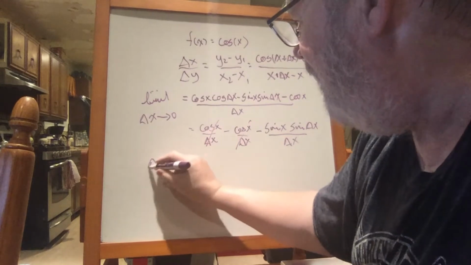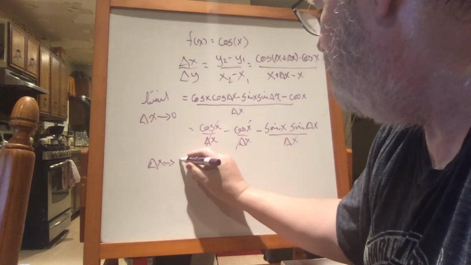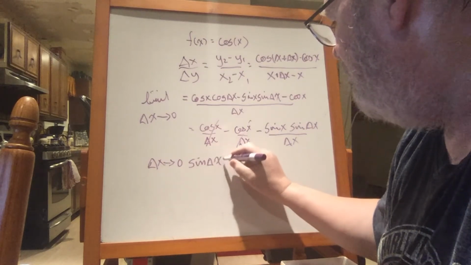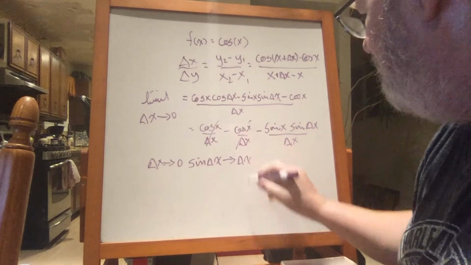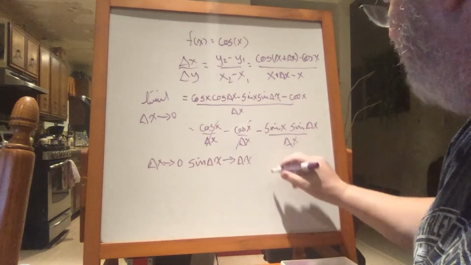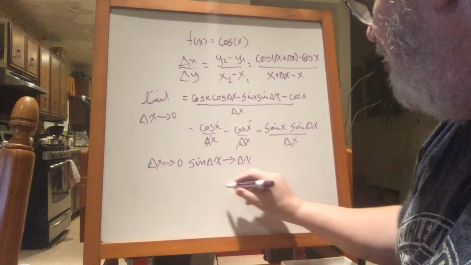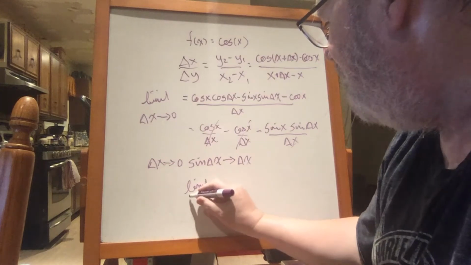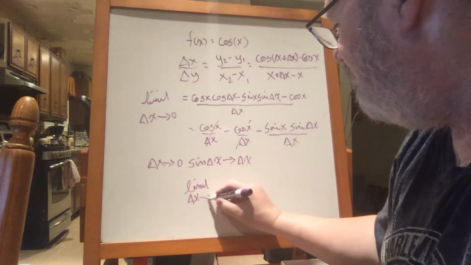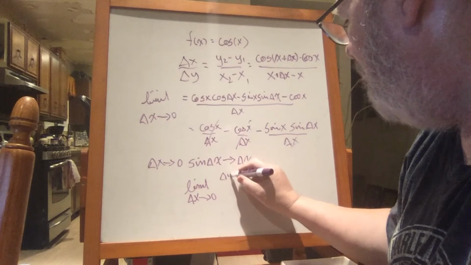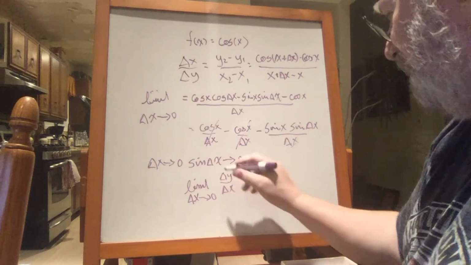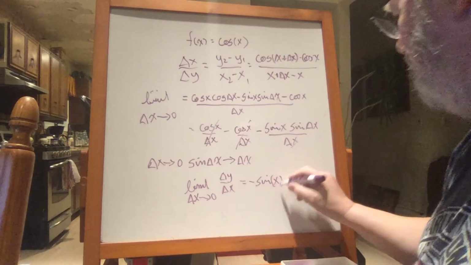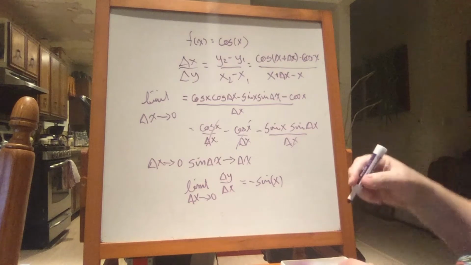But as delta x goes to 0, the sine of delta x goes to delta x. So delta x over delta x is 1, and we're left with the limit as delta x goes to 0 of delta y over delta x for the cosine function equals minus sine of x. And that's what we're left with.